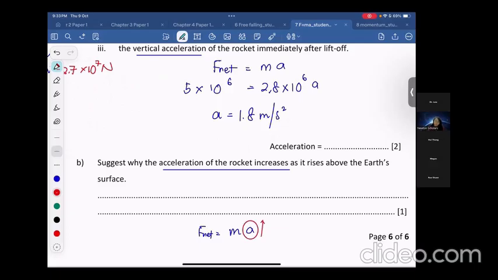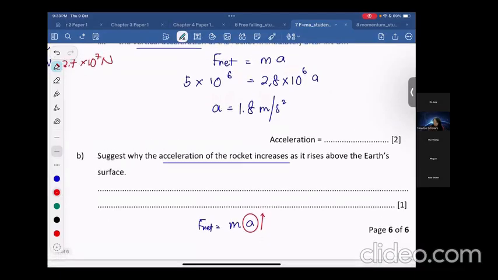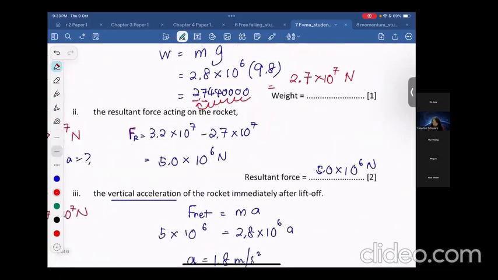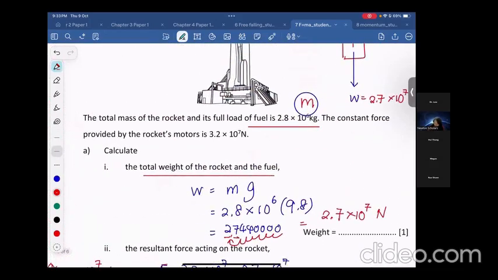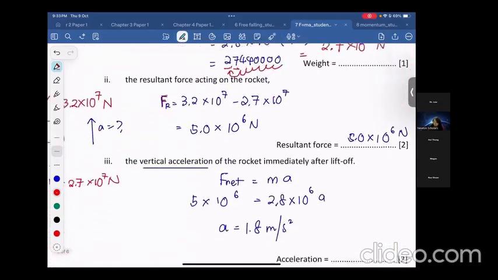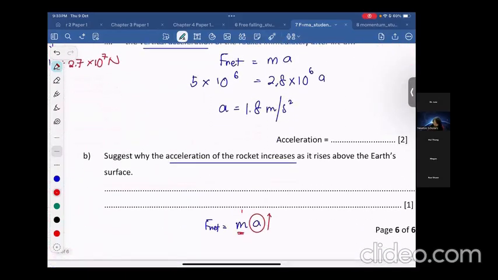Here we can think in terms of a few ways why the acceleration will increase. We can think about the mass. If acceleration increases, what is going on with the mass? We were using the fuel, right? Full load of fuel. After we run for certain times, the fuel will be gone, so the mass decreases.